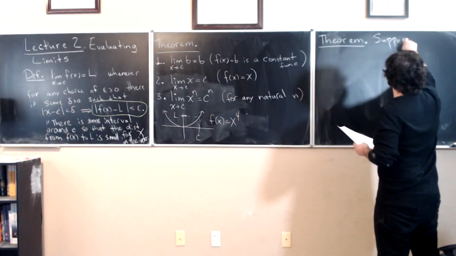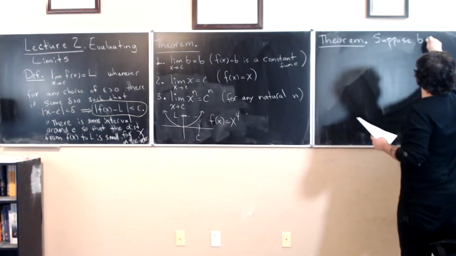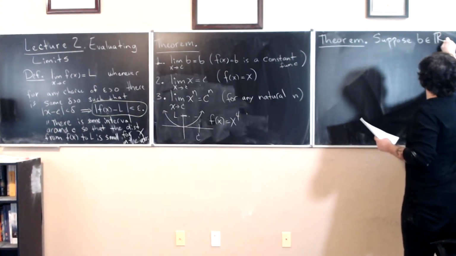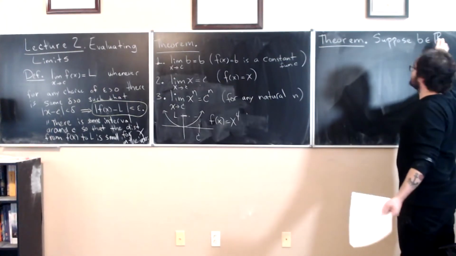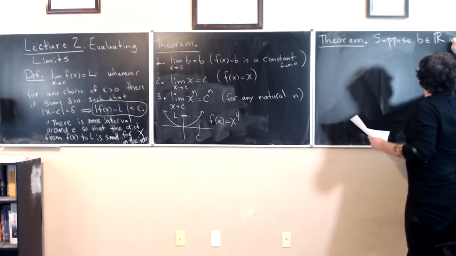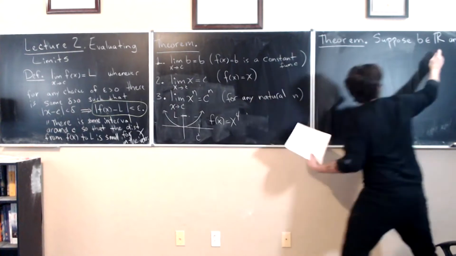Suppose b is some real number. So whenever I write the epsilon symbol there, it means it's just contained in there. So it's a real number. And, well, maybe not and, I'll use a comma.